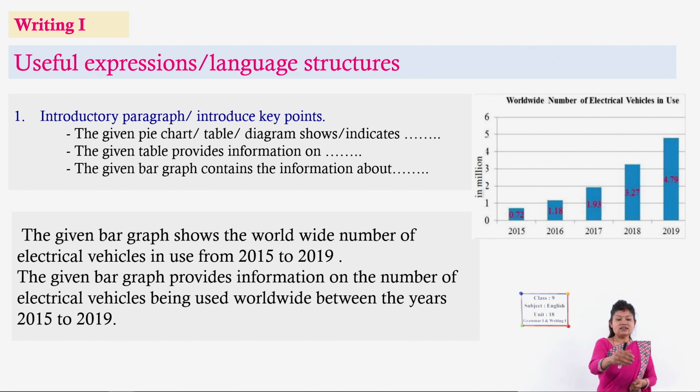Or you can write in an alternative way: the given bar graph provides information on the number of electrical vehicles being used worldwide between the years 2015 to 2019. You should not write both sentences, either the first or the second, or you can develop your own style. Just follow the above structures and then develop the sentences.